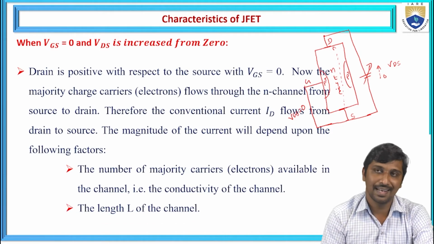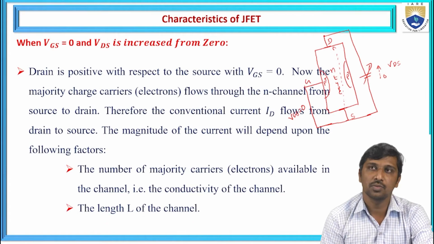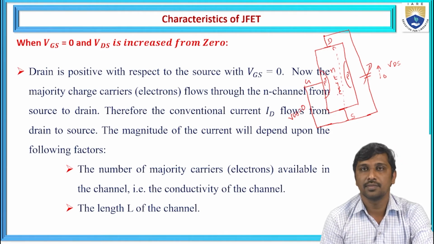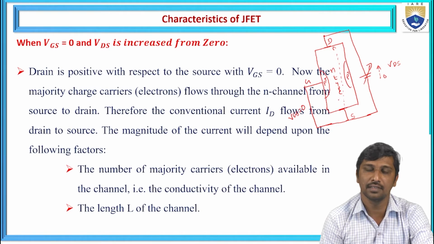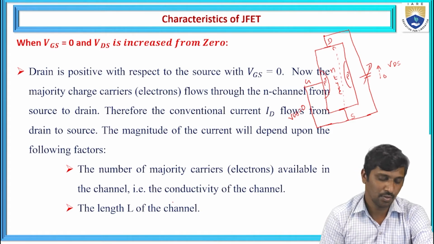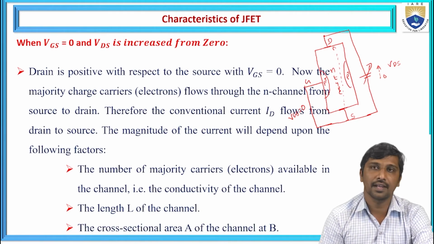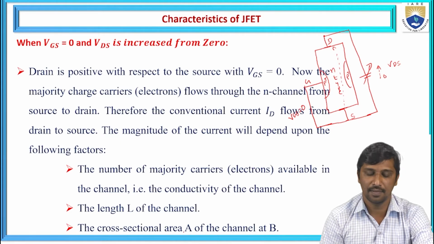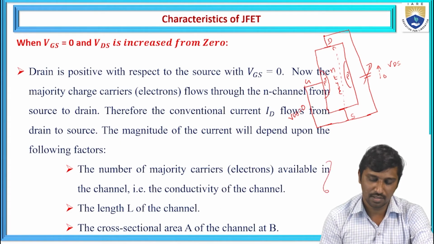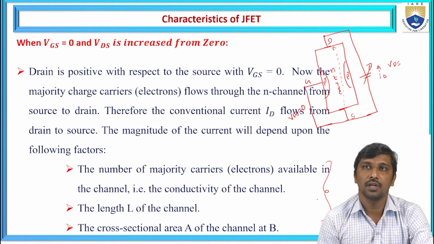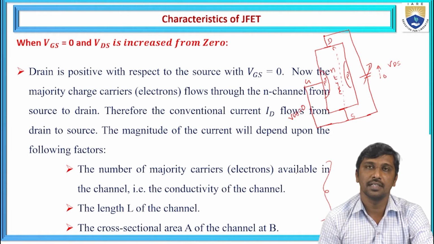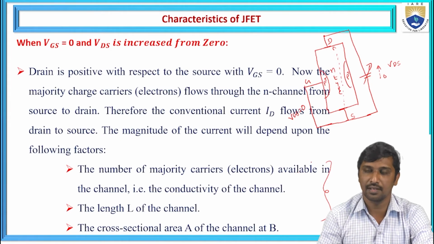Another one is the length of the channel. To allow conduction across the N-channel JFET, we need to move the charge carriers from the source to the drain through the channel region, hence we need to consider the length of the channel also. Then another one is the cross-sectional area of the channel. So these 3 parameters affect the drain current flowing between the drain terminal and the source terminal.